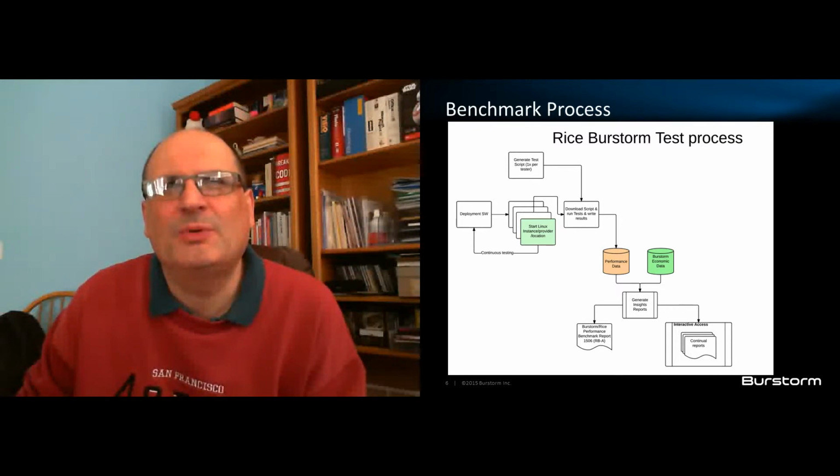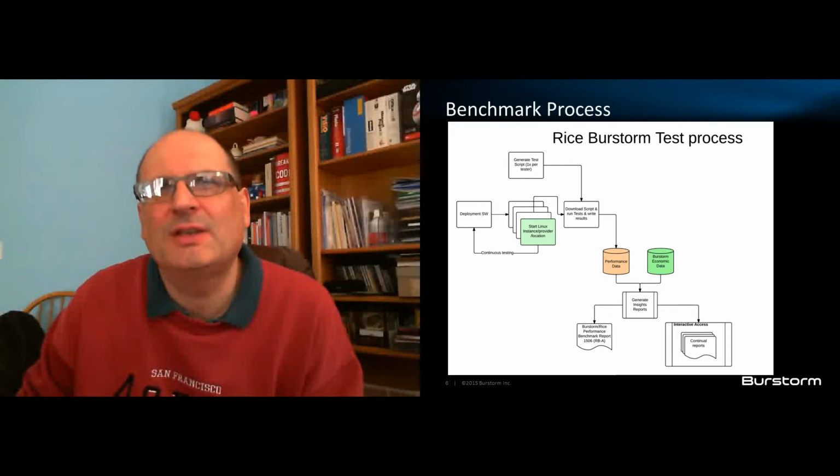So what we do at Burstorm, we actually spin up all instances of the top 6 providers, so SoftLayer, AWS, Google, Rackspace, and a couple of others, and we're adding names as we go, and we spin them up at a random time 3 times a week, and we execute our performance tests. These tests get run on the instances, and when they're done, they write their data to the Burstorm application database, where it gets combined with the economic data that we have. And out of that comes some very interesting reports.